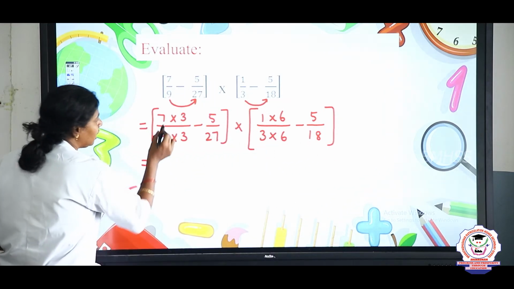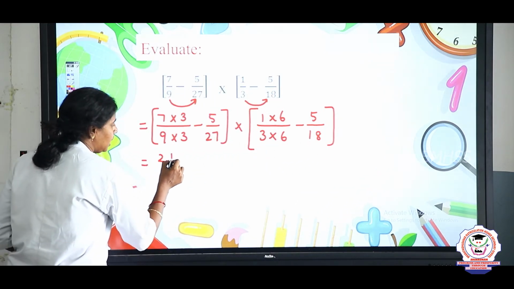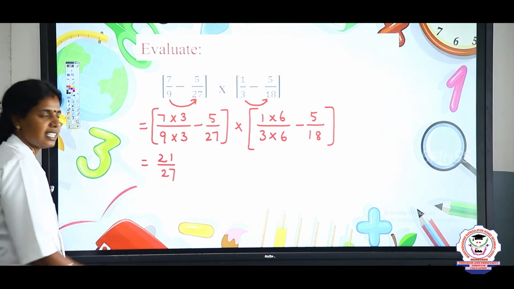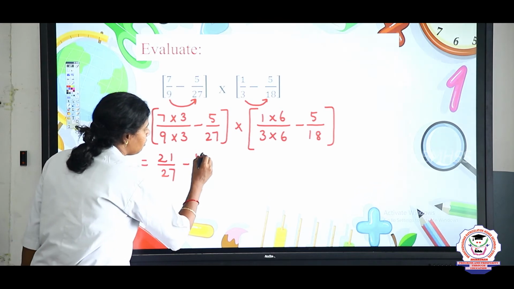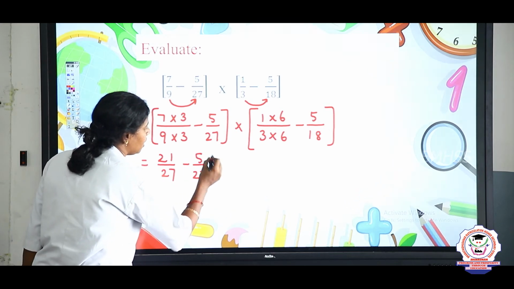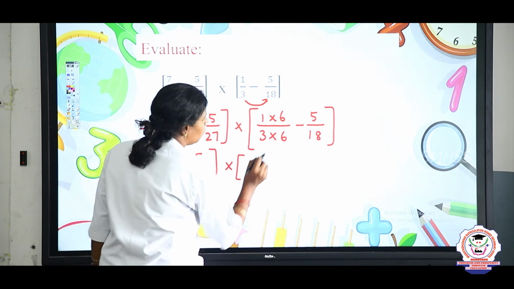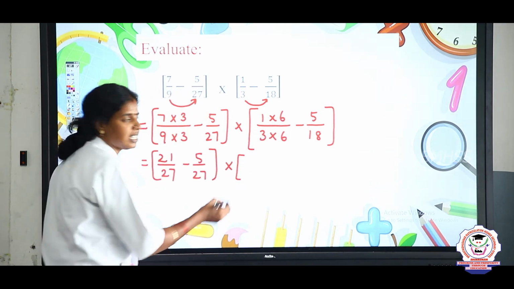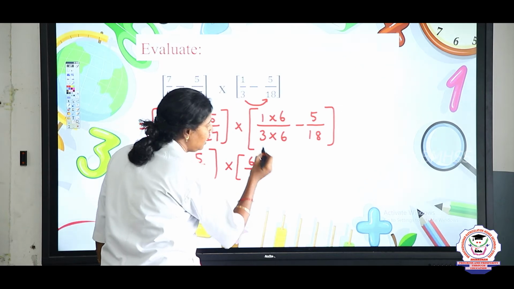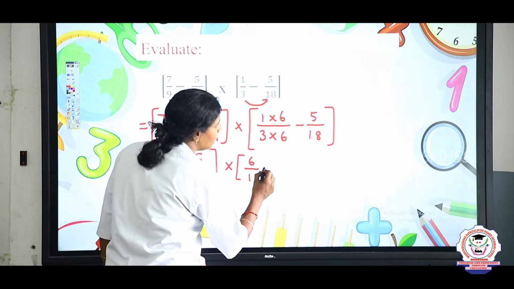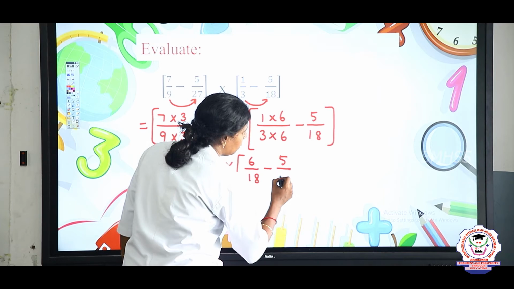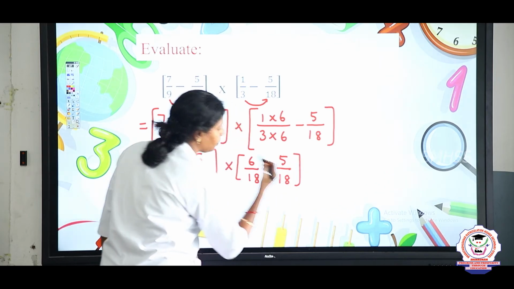Now, find the product. 7 3s are 21 by 9 3s are 27 minus 5 by 27 into 1 6s are, what is 1 6s? 6 by 3 6s are 18 minus 5 by 18.